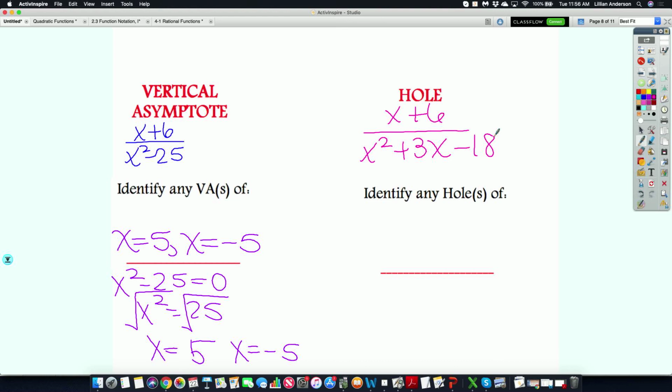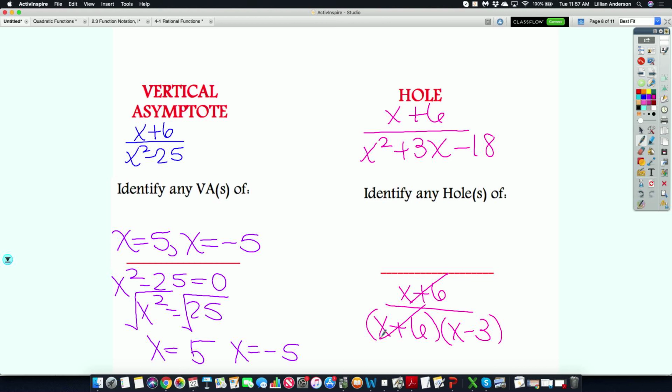I need to factor the bottom. How does the bottom factor? Do they have anything in common? The x plus 6. This is what I meant. x plus 6 is the factor that's going to give me a hole. I cannot have a vertical asymptote where x plus 6 is equal to 0. It's either or, it's not both.